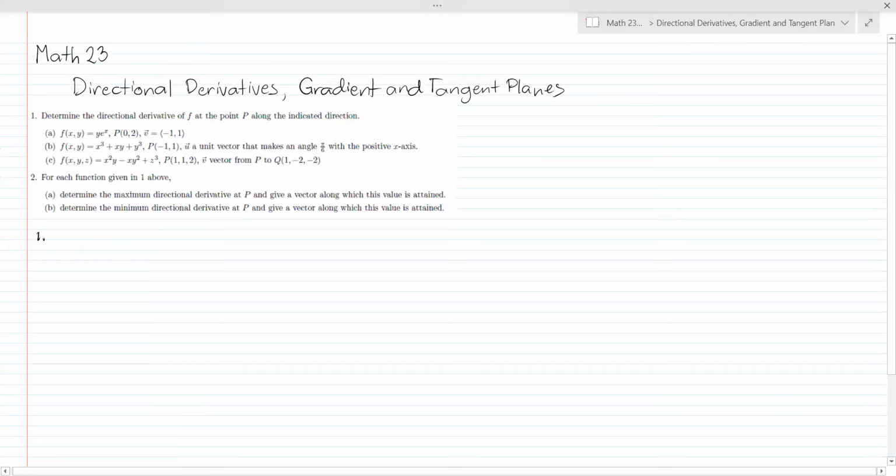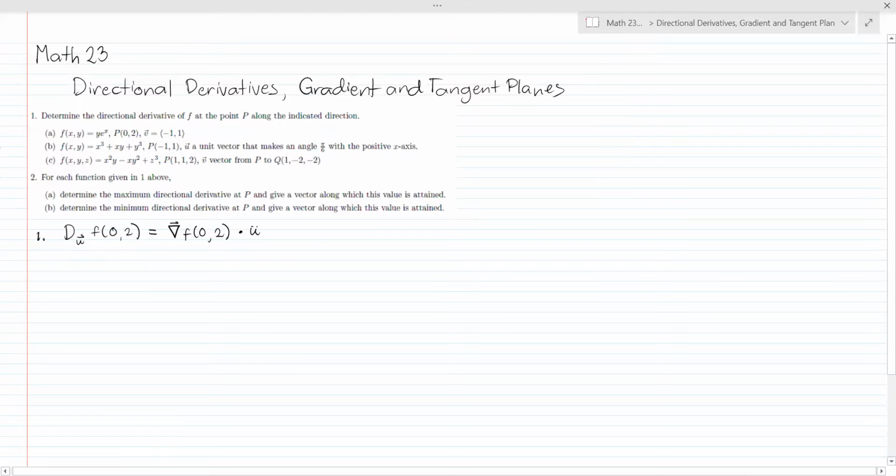To get the directional derivative, we will just use the formula: the directional derivative of f at the point 0,2 is equal to the gradient of f evaluated at 0,2 dot product with the unit vector in the direction indicated.